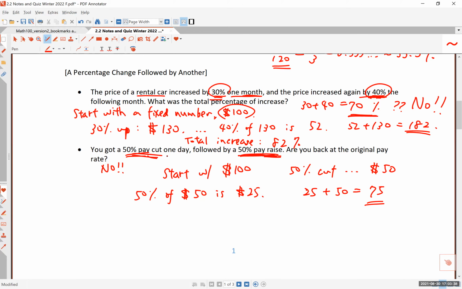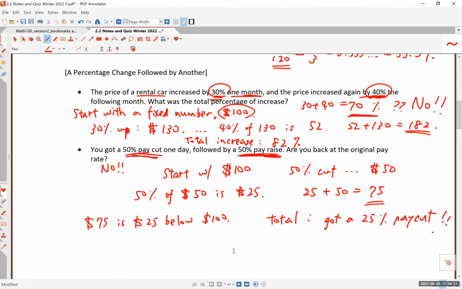So a 50% pay cut followed by a 50% pay raise only went from $100 to $75. So $75 is still $25 below $100. So the total result is that you got a 25% pay cut.